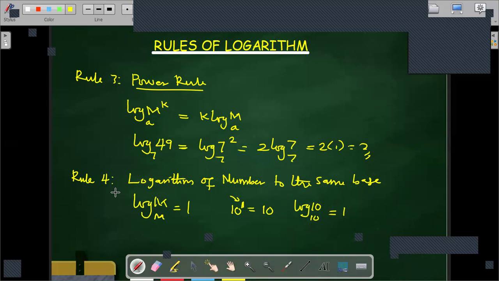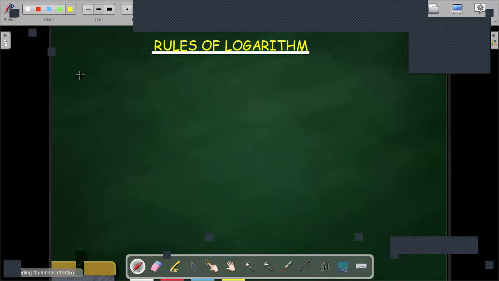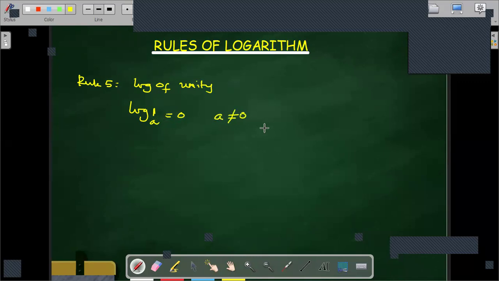So that is the fourth property. Now let's take logarithm of unity as the fifth. Logarithm of unity, that's rule 5. The logarithm of 1 to any base is 0, on the condition that a is not 0.